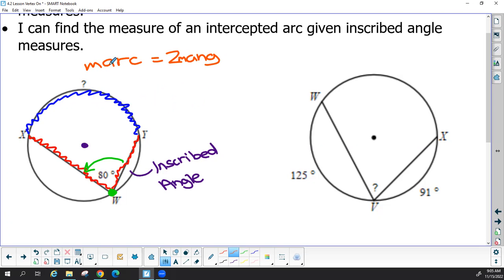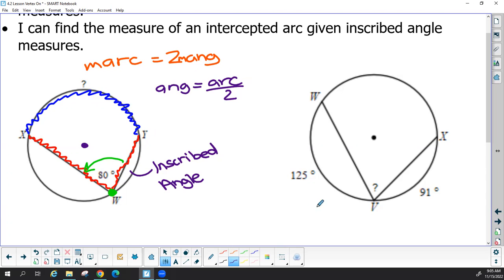Just so that you know that this is the measure of the arc and the measure of the angle. So if we multiply the angle measure by 2, we can find the arc measure. The opposite of that would be that the angle measure is equal to the arc divided by 2. These give the same relationship. In both relationships, the arc measure is twice as big. It's just a different way of looking at it.